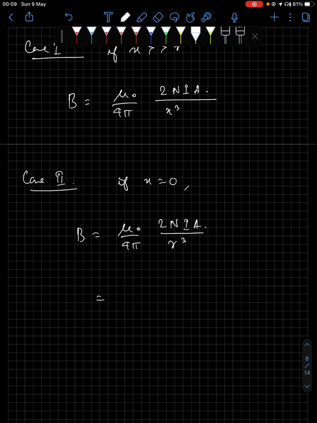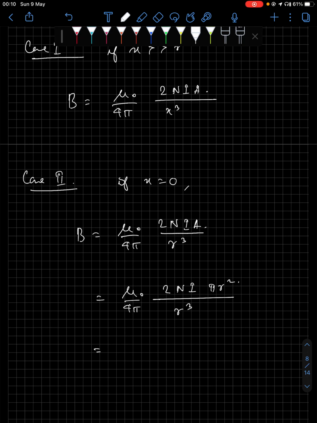Now for A we had pi r square, right? So mu naught by 4 pi, 2nI pi r square, if you use that divided by r cube, this will get you mu naught by 4 pi. Here we'll cancel that, just to make this relation very simple. So 2 cancels, so mu naught and pi cancels, right?